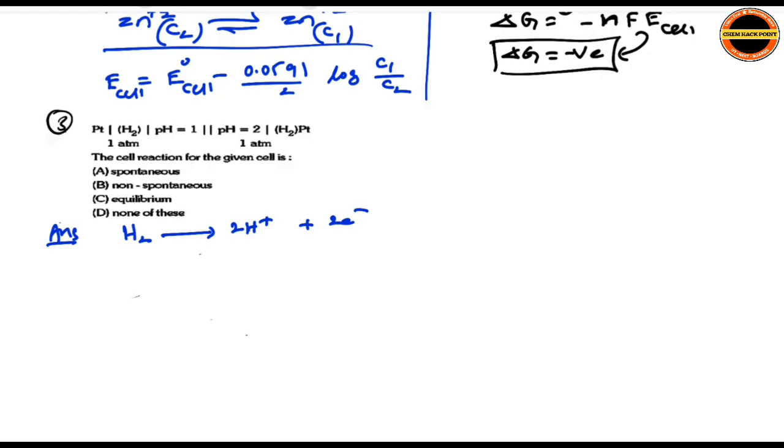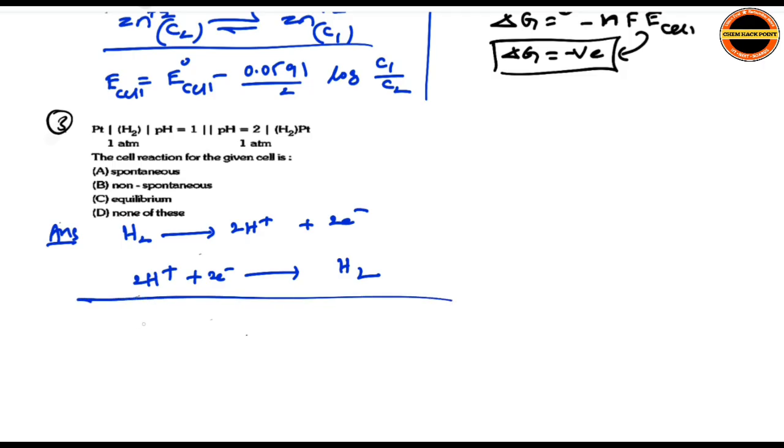Next, 2H+ plus 2 electrons giving H2. That means one is an oxidation process and the other is a reduction process. Both we showed. If we combine both the reactions, the oxidation and reduction parts, what net equation will you get here?